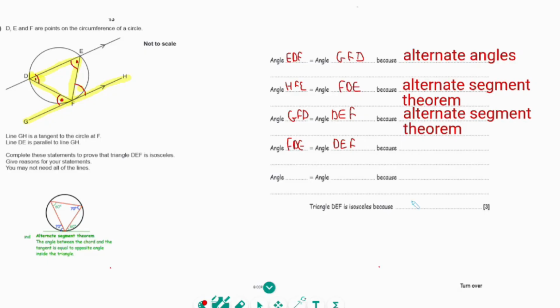So it's isosceles. Triangle DEF is isosceles because FDE is equal to angle DEF.